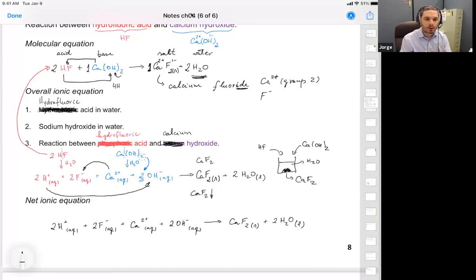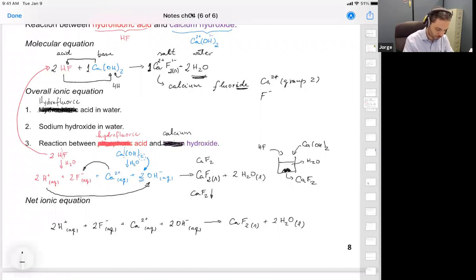Once you know the molecular equation, the ionic equation is going to tell you exactly the same thing, but it's going to represent reagents and products in the ionic form. The strategy here is to do a pre-reaction between acid and water and base and water. So we start here with HF. Every time an acid is dissolved in water, that's going to produce H+ ions and the respective counter ion.